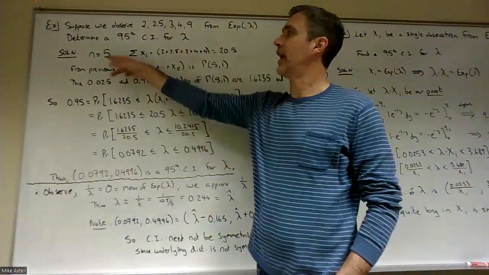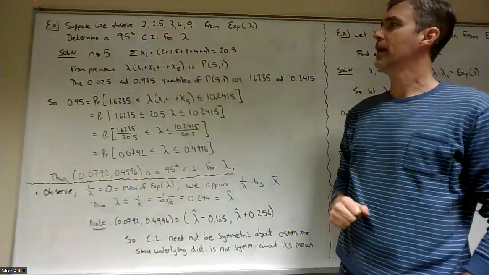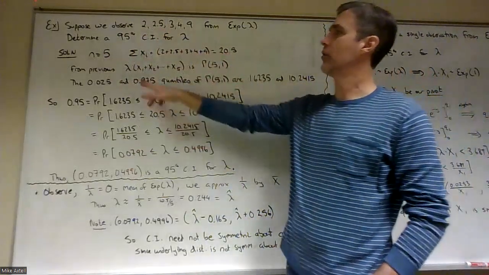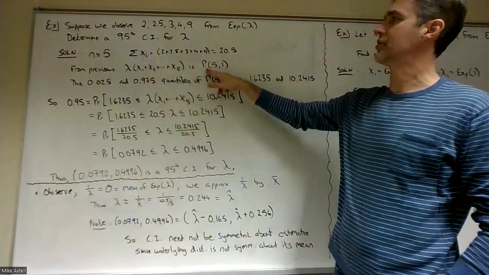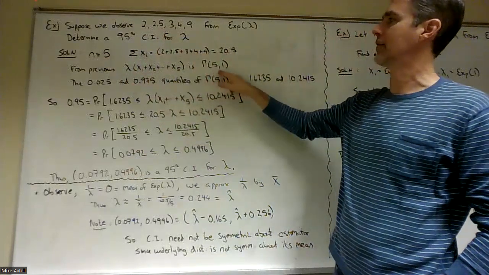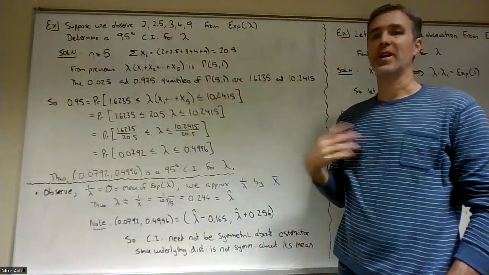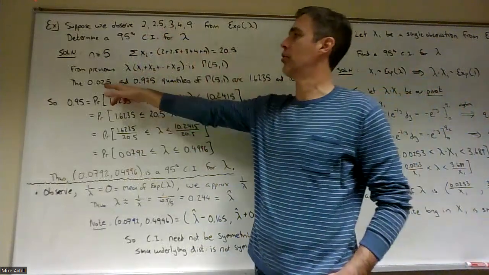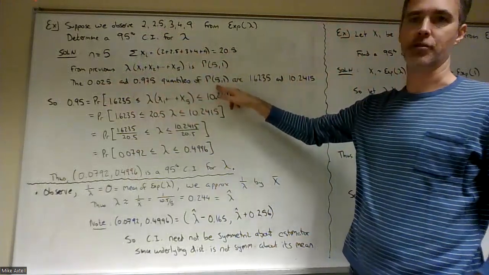Well, clearly n is 5 data points, and the sum of my xi's is 20.5. And from that previous panel, I know that lambda times the sum of the random variables is distributed via a gamma 5, 1 distribution, okay? So I went to R and I asked, what's the 0.025 and the 0.975 quantile of this gamma distribution?